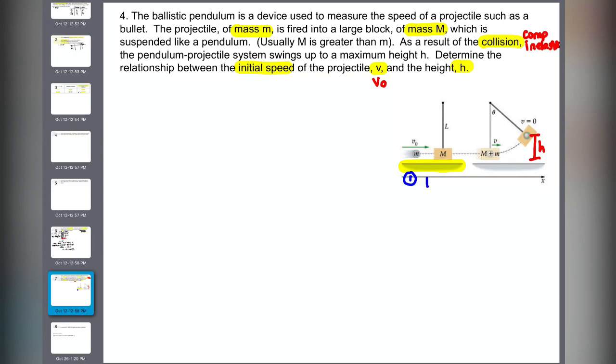First of all, step 1 is we need to use the collision, P equals P prime, and figure out what the V prime is at the end for the block and the bullet together. This V prime becomes the initial velocity of the conservation of energy question.